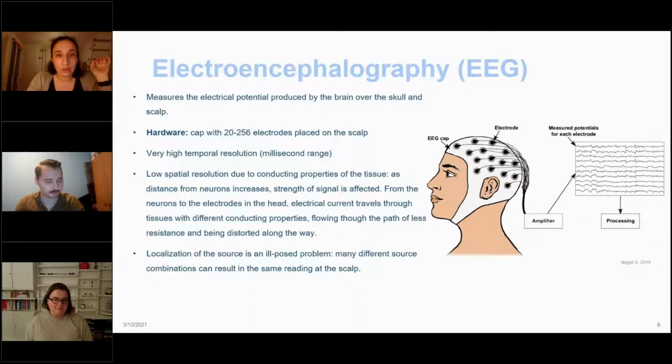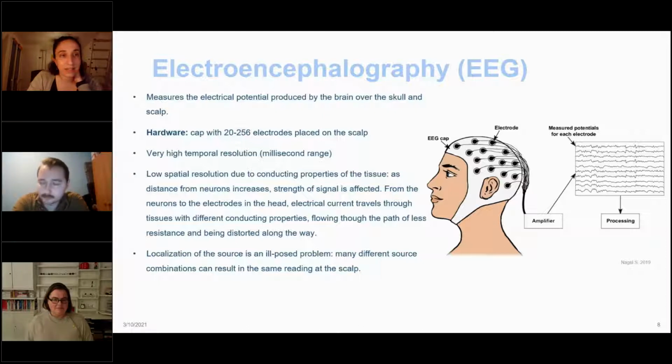And then those electrodes pick up the electrical activity of your brain. They go through an amplifier, and we can see the potentials picked up from each electrode. And those potentials are gonna be processed through algorithms, and hopefully we are gonna discover something.